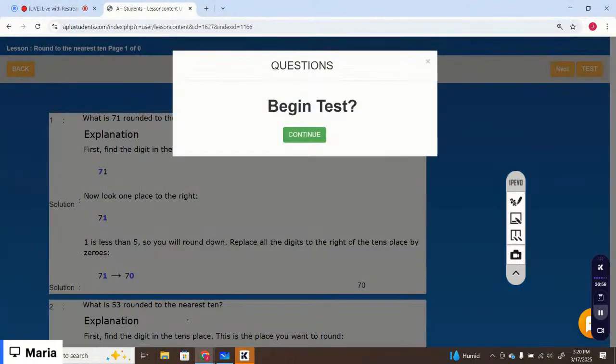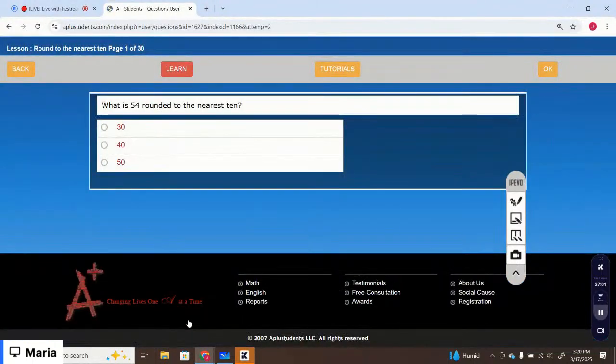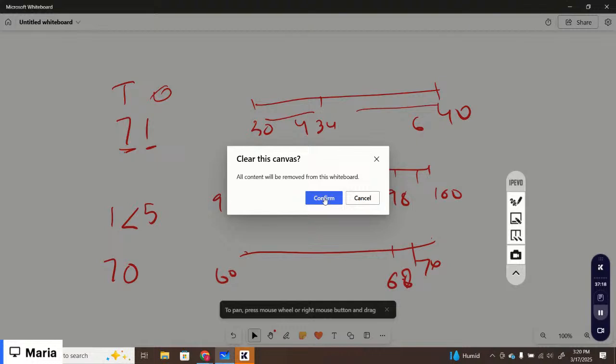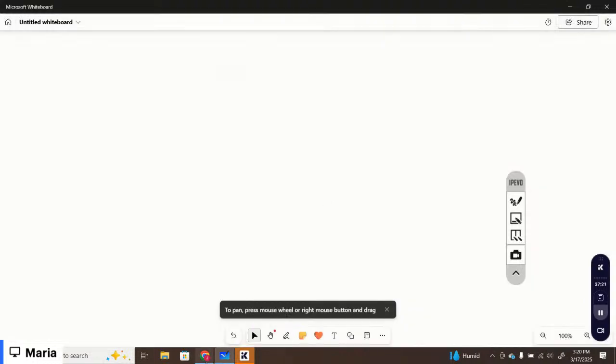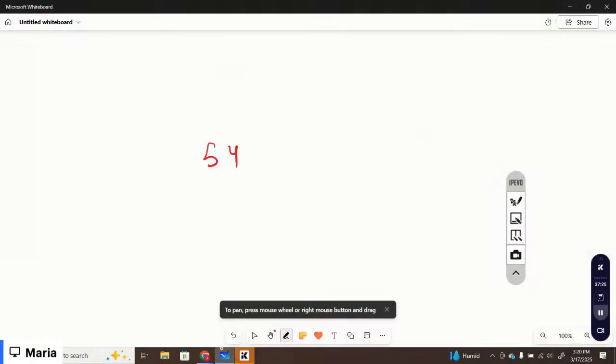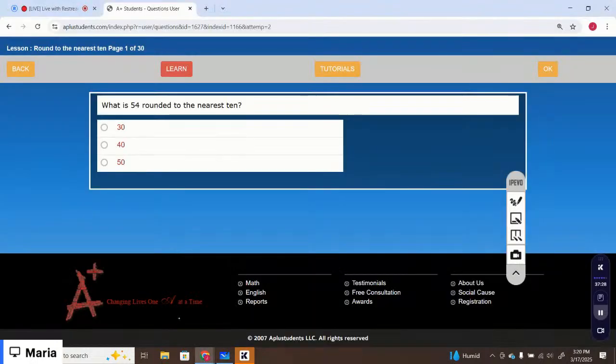Let's just start with the test questions. What is 54 rounded to the nearest 10? So you have 54. The question is, what is 54 rounded to the nearest 10?